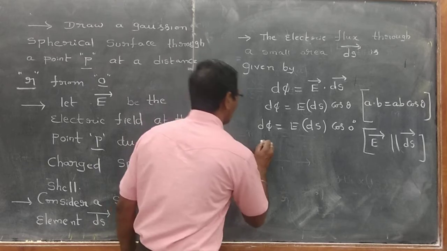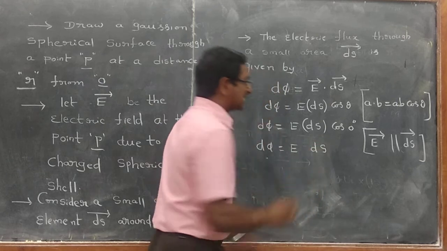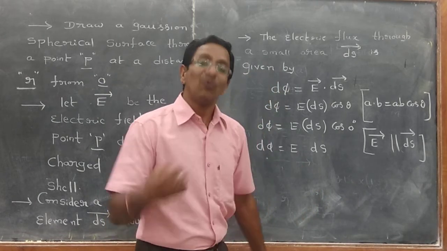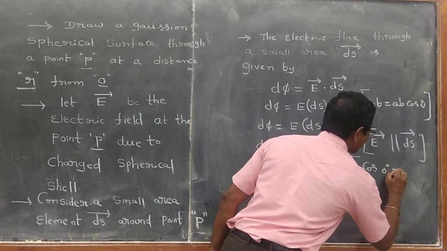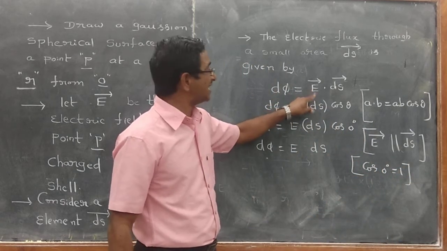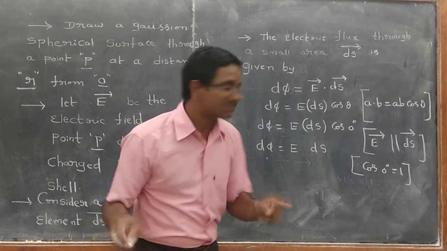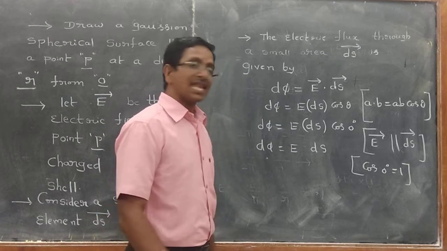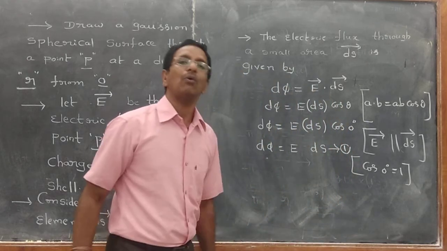Therefore d phi is equal to E ds, since cos 0 is equal to 1. Therefore, d phi is equal to E ds. Consider this as equation number 1.